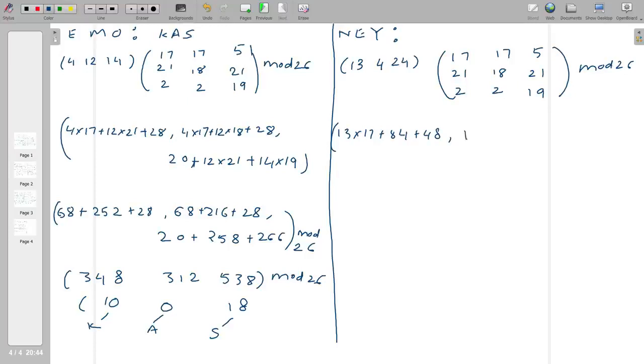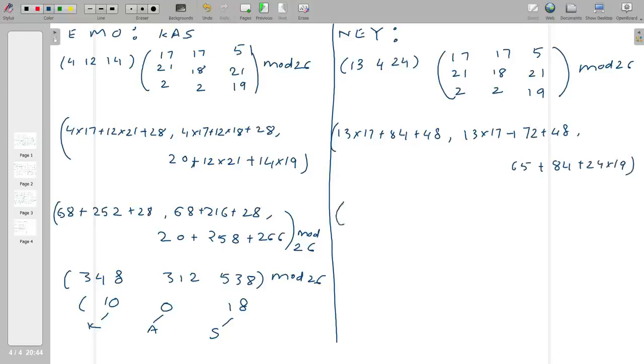Similarly, 13 into 17 plus 4 into 18, which comes out to be 72, plus 24 into 2, which comes out to be 48. Similarly, 13 into 5, which is 65, plus 4 into 21, which is 84, plus 24 into 19.